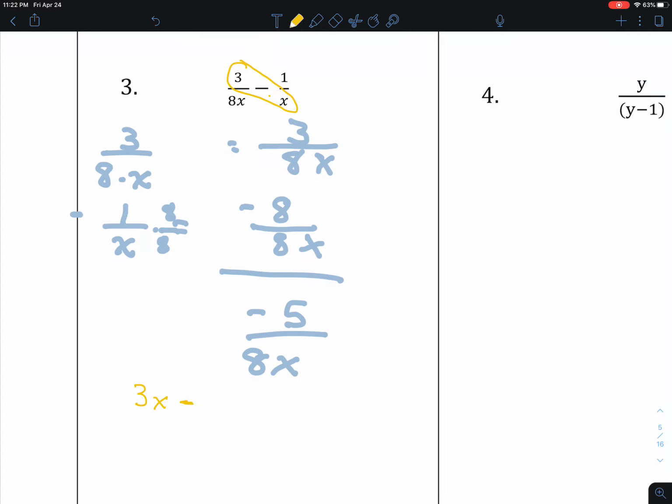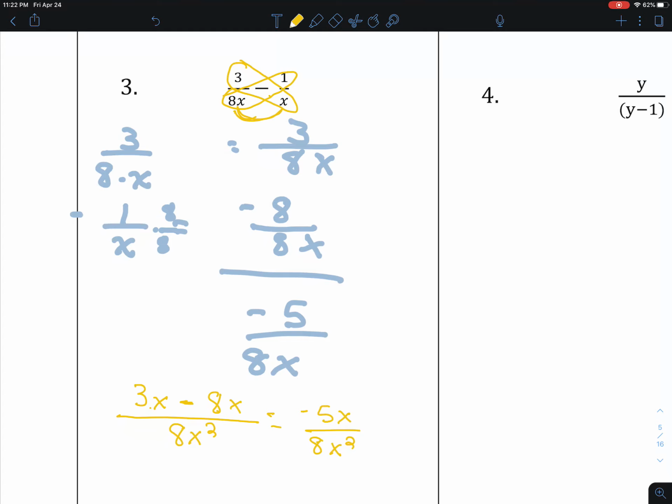The minus sign remains the same, and then I multiply the denominator by the numerator, and that gives me 8x. And then I would multiply these two denominators together, and that gives me 8x squared. So combining these, 3x minus 8x is negative 5x over 8x squared.